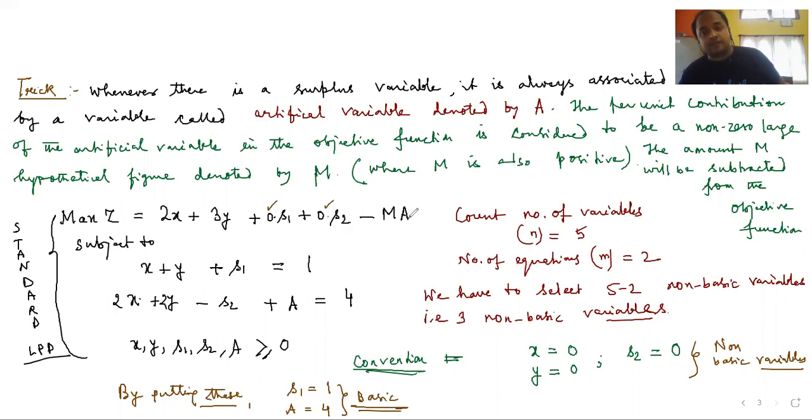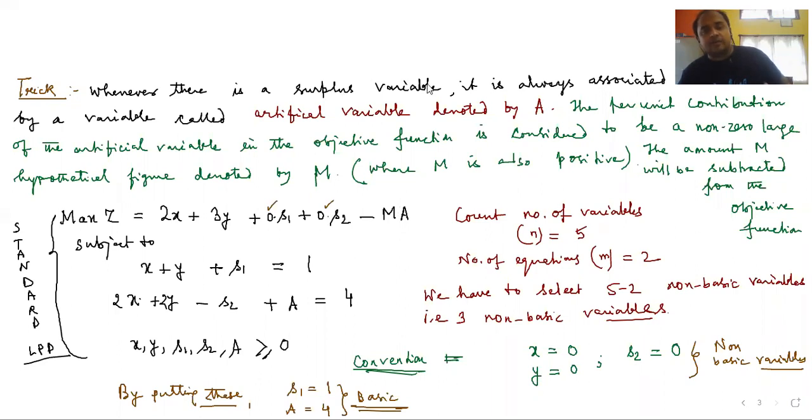But if I get the artificial variable's value and substitute it in the objective function, then it is changing. So why did you put M? Why didn't you put 0?